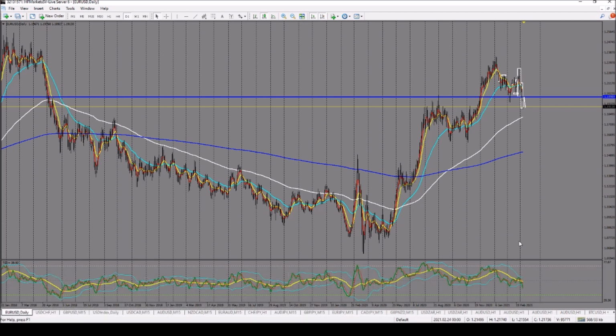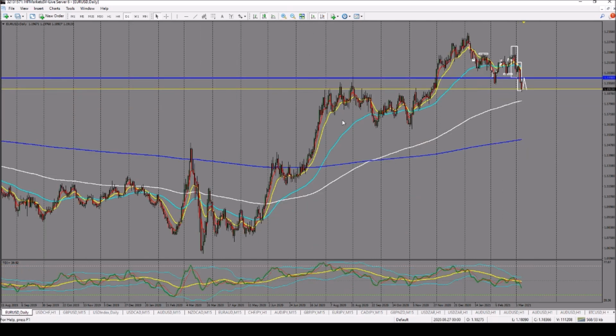On euro against dollar, we have had our peak, then our first rise, second rise, and then the third rise. This informed us we had completed our cycle.